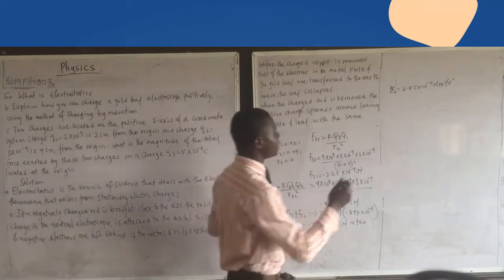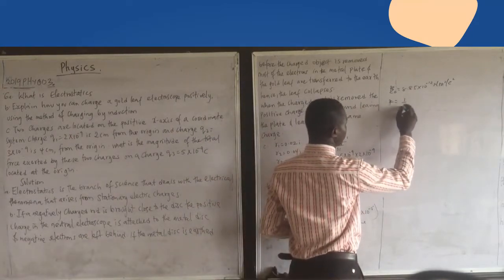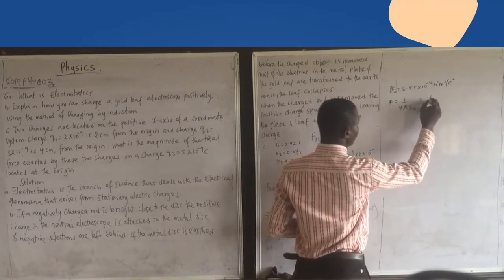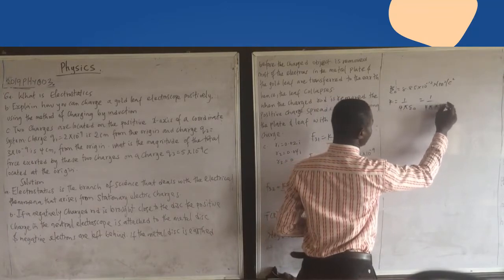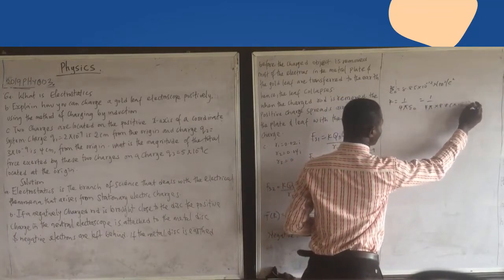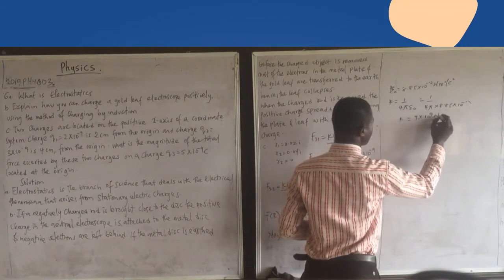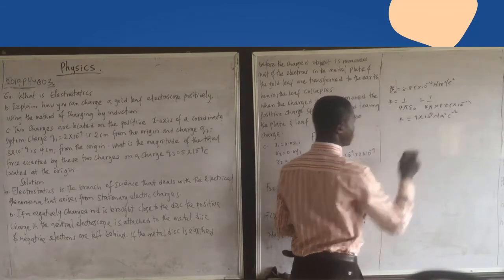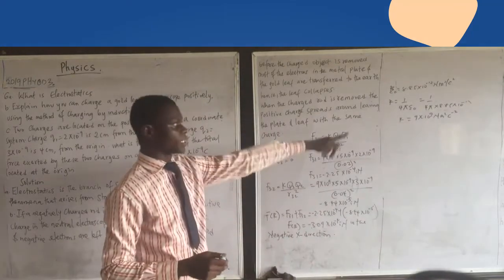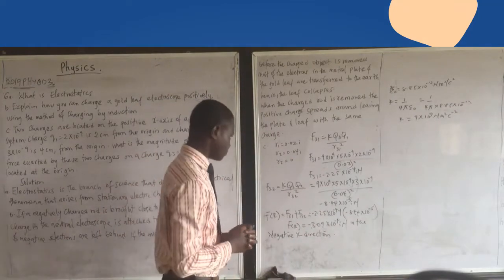So if you use that value, where K is 1 over 4 pi epsilon naught, 1 over 4 pi times 8.85 times 10 raised to the power minus 12, if you put all this together, you have 9 times 10 raised to the power 9 Newton meter square per Coulomb square. Use your calculator, you get it.